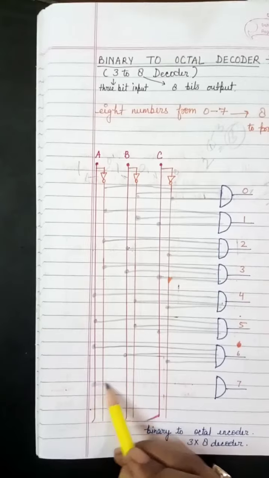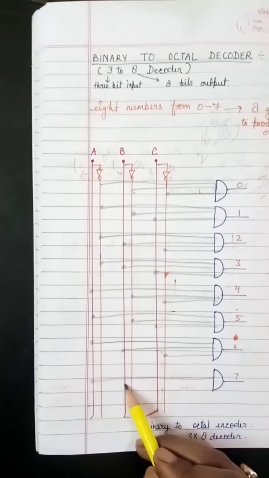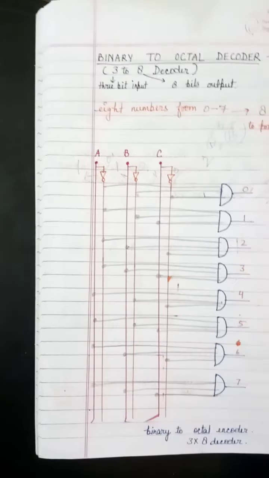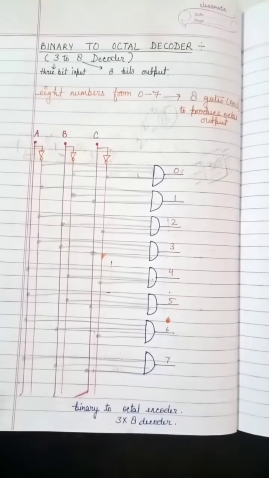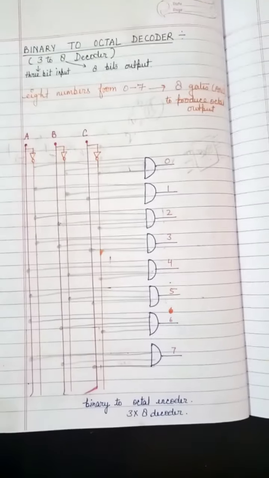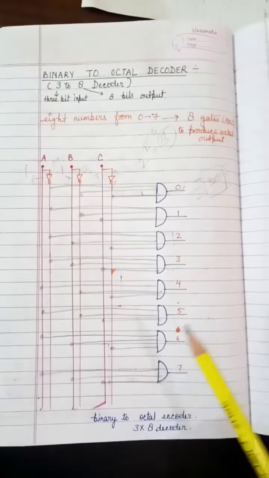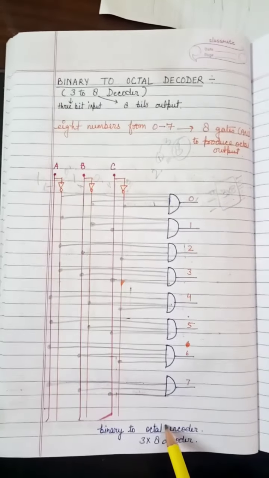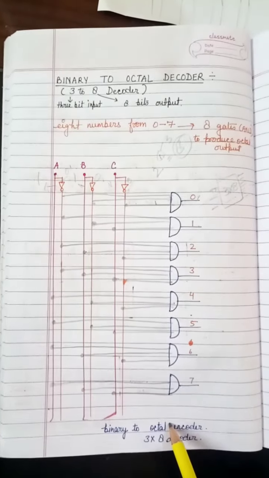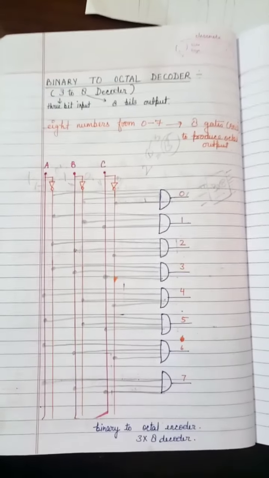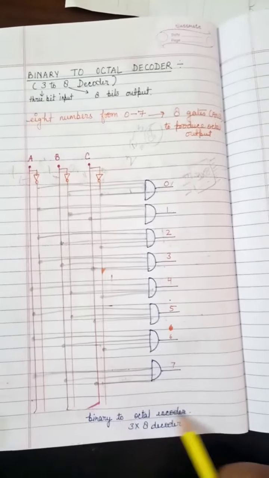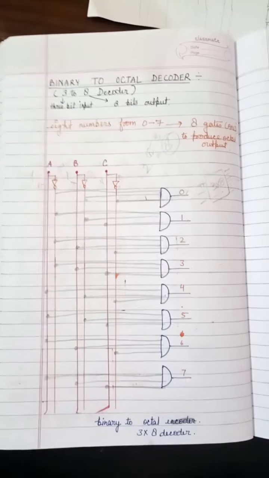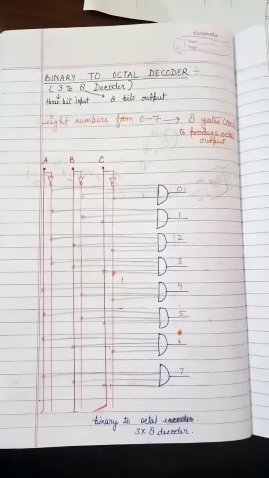All the input signals will be 1 when the combination is 1 1 1. Okay, so this will be the binary to octal decoder diagram. This is the logic diagram of the binary to octal decoder, or you can say the 3 to 8 decoder.